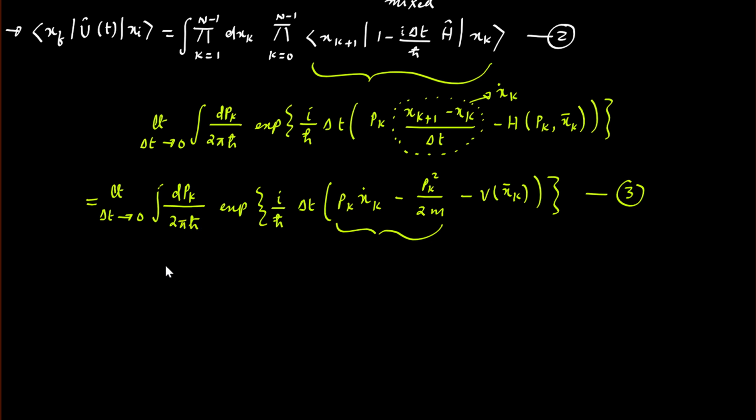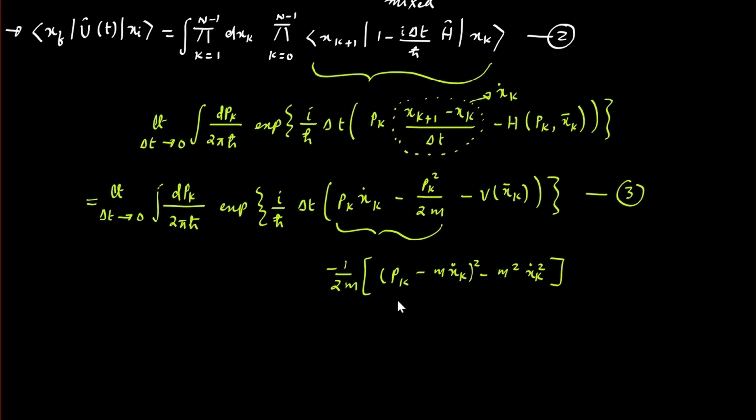I can write these two terms like this: minus 1 by 2m times the bracket (p_k minus m x_k dot) whole square, minus m square x_k dot square, bracket 2.